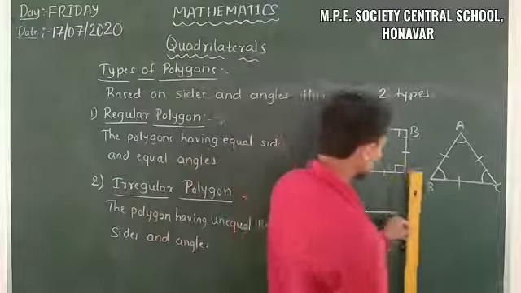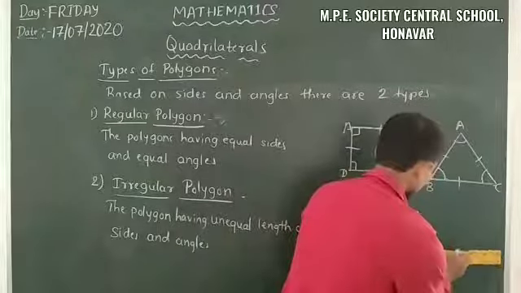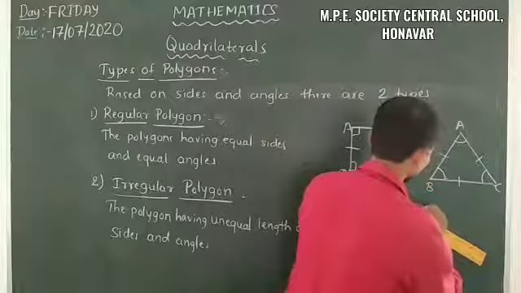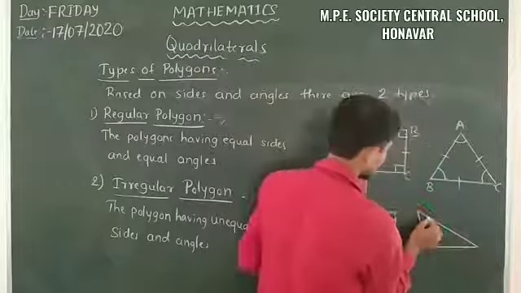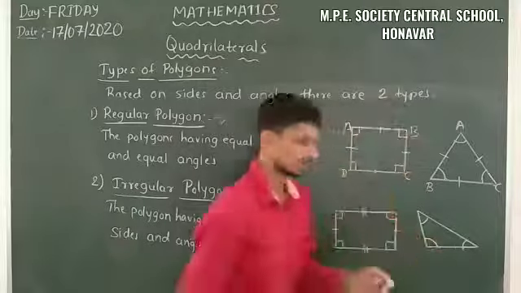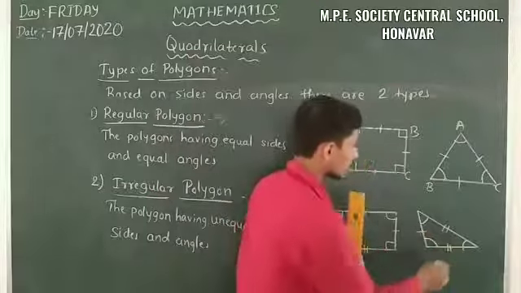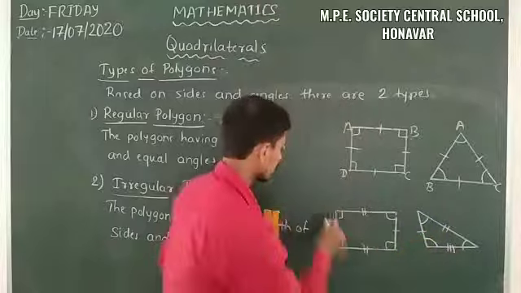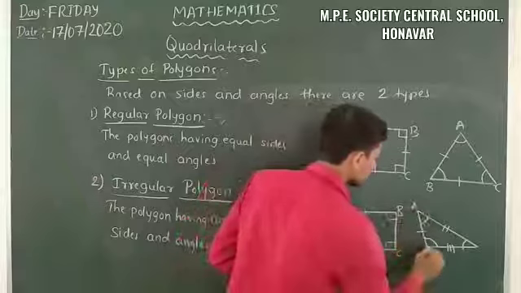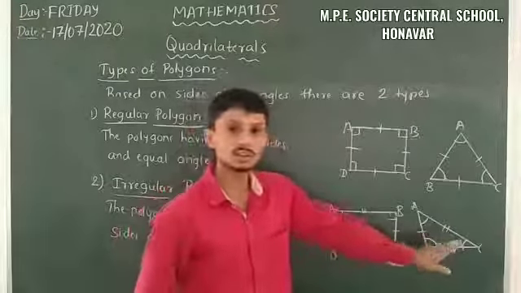Let us take an example for the triangle. You can take a scalene triangle like this one, ABC. The sides are not equal and the angles are also not equal.